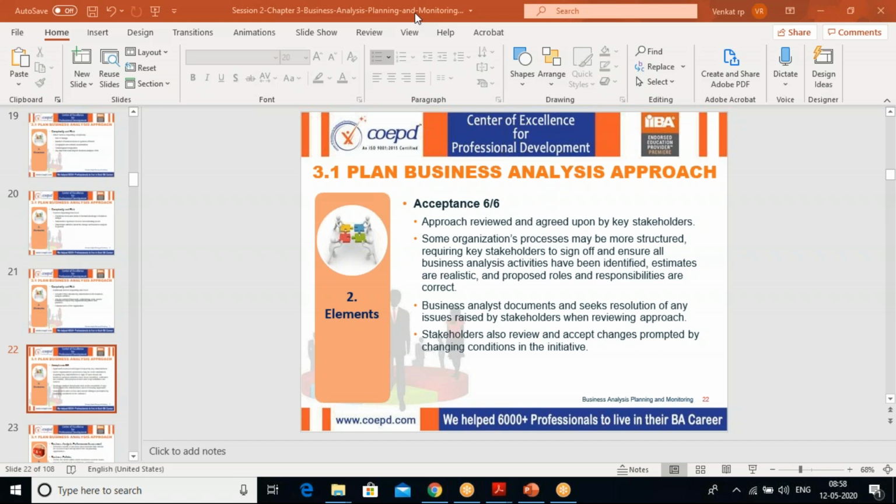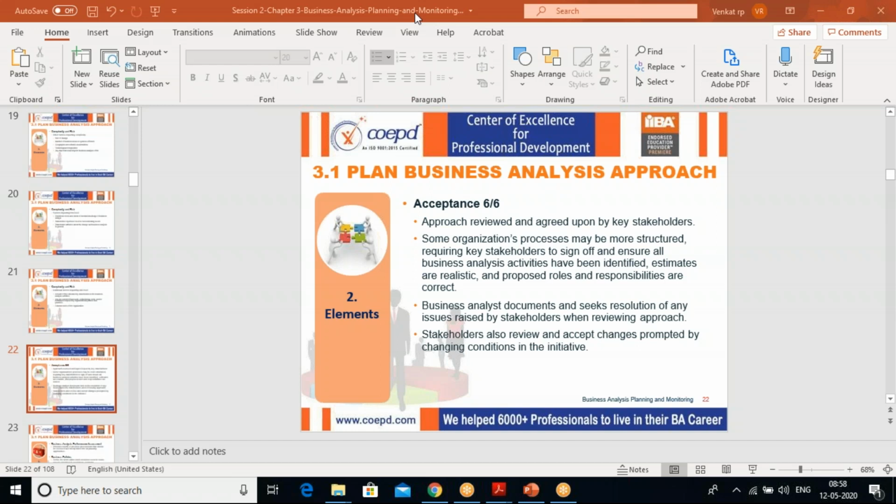The third is business analysis activities, the fourth is timing of business analysis work, the fifth is complexity and risk involved, and the sixth is acceptance. These are the elements which we have in the business analysis approach.